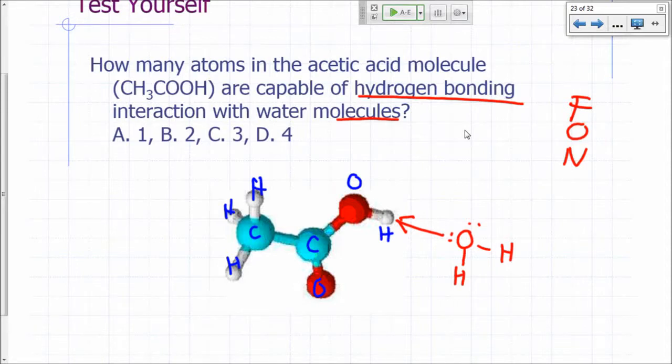Is there any other atom here that's capable of hydrogen bonding interaction? I'll give you another one. Remember your oxygen has two lone pairs, right? What if there's a neighboring water molecule? Remember in a water molecule, your hydrogen is attached to an oxygen, right? So that can be a hydrogen bonding interaction right there.